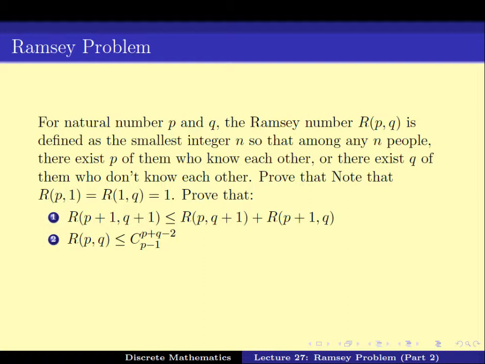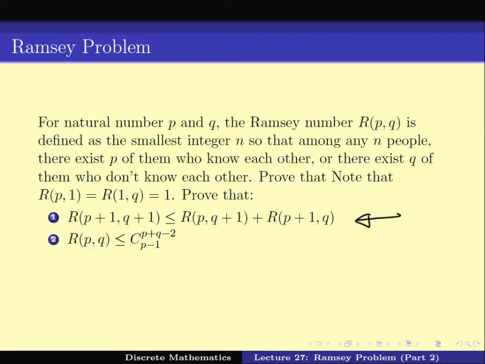The idea is to prove that R(p+1, q+1) is less than R(p, q+1) plus R(p+1, q). And using this recurrence to prove that R(p,q) is less than or equal to (p+q-2 choose p-1).